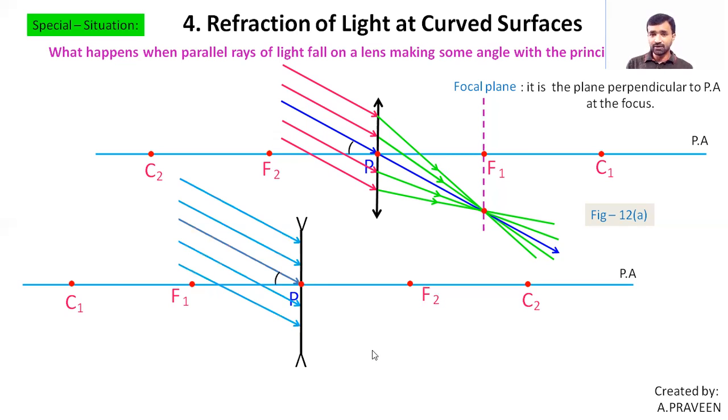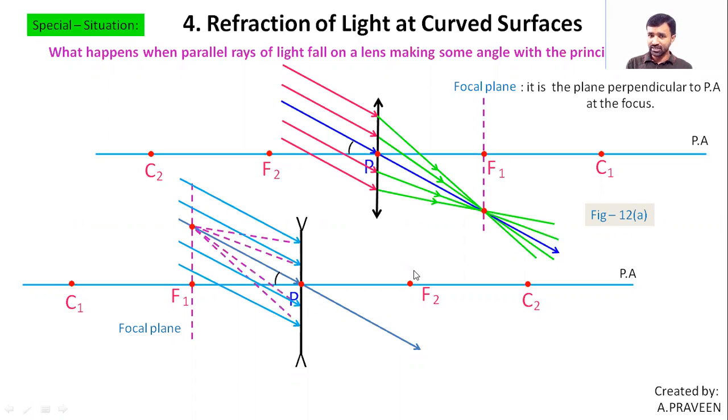Then after refraction, one of the rays remains undeviated, so extend it. Where is the focus located for the concave lens, left side or right side? The diverging point, left side or right side? Left side. So on the left side, I am drawing the line, the focal plane. Then the diverging point is identified. Then you can extend the rays in the same direction. They behave like this. So this is the special situation.